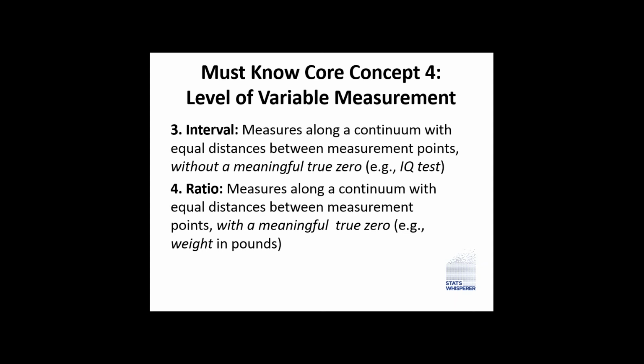A ratio is the exact same thing, except there is a true 0. So it's measured on a continuum, equal distances between measurement points with a meaningful true 0. For example, weight. If you're measuring weight and there's a 0, it does reflect an actual absence of weight.